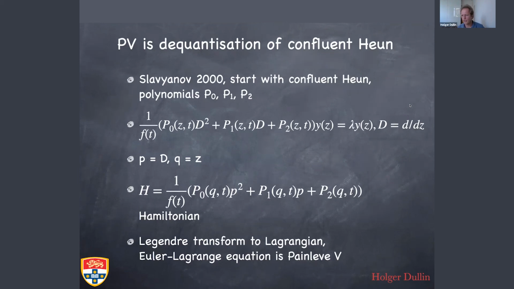And people have actually done that, in particular in this context of the black hole, where you actually have two Heun equations. You have one for the angle and one for the radial part that come from separation of variables. And the radial equation is a scattering equation.